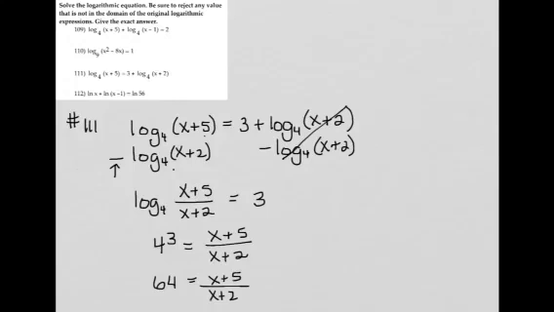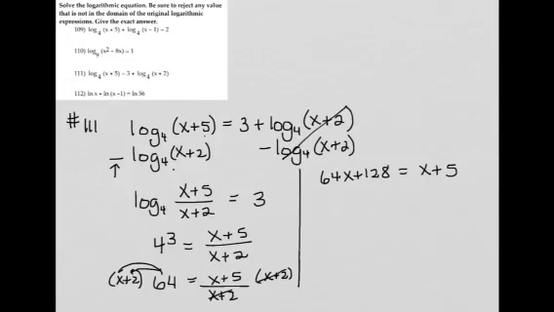Okay. So now, continuing to solve, I'll multiply both sides by x plus 2. And that gives me 64x plus 128, because I'm distributing that 64, equals x plus 5.